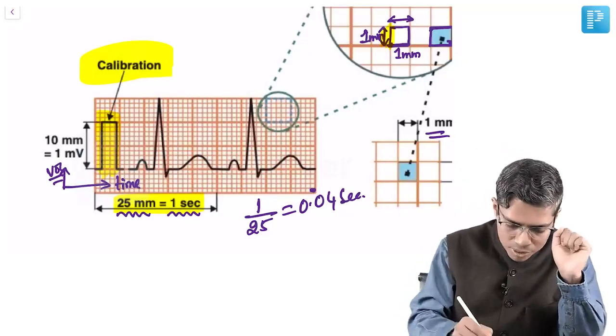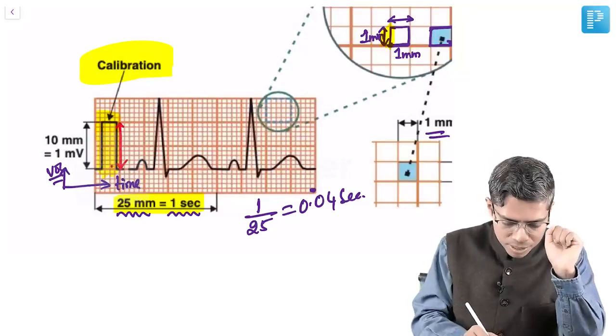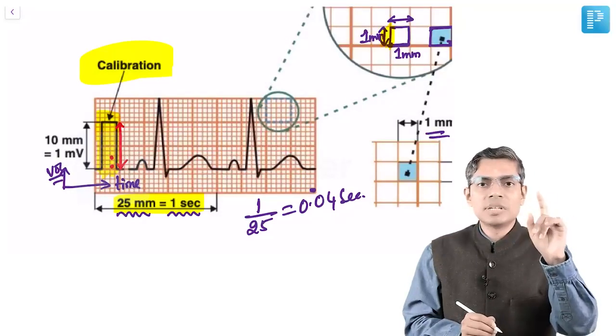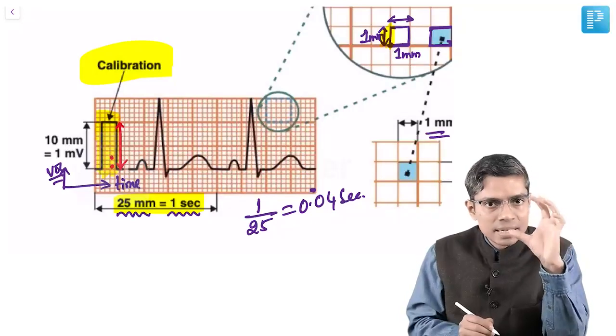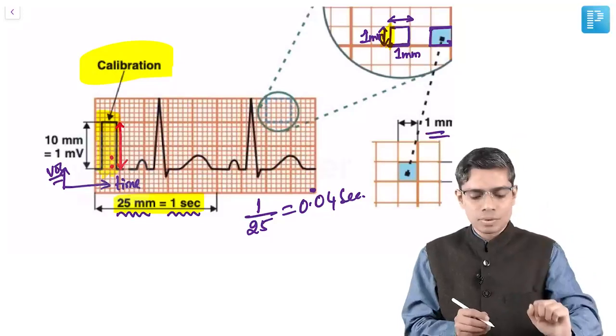If you count these boxes, they will be 10. The smallest boxes, if you count here 1, 2, 3 like this, they are 10. That means 1 millivolt will give 10 millimeter deflection in ECG on the y-axis, that is known as calibration.